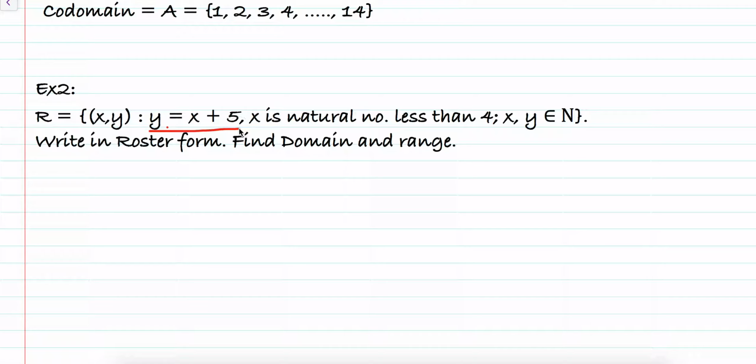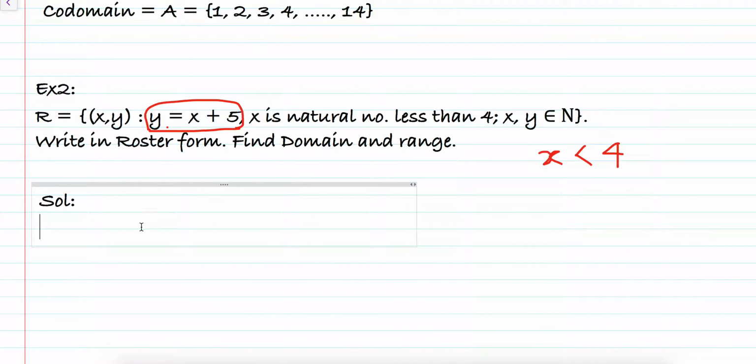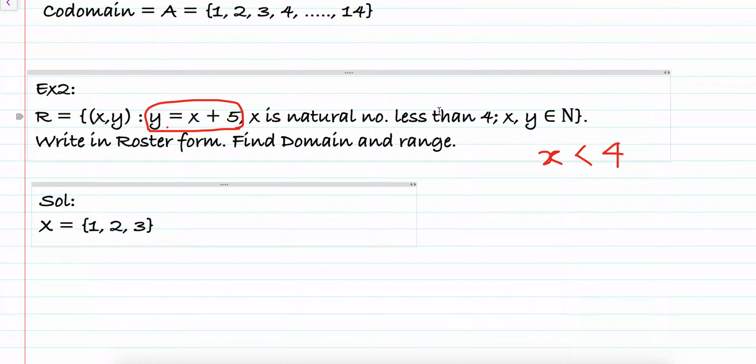So this is the relation that we are given, and x is a natural number less than 4. So what values can x take? It can take 1, it can take 2, it can take 3, but it cannot take 4 because it should be less than, not less than or equal to.